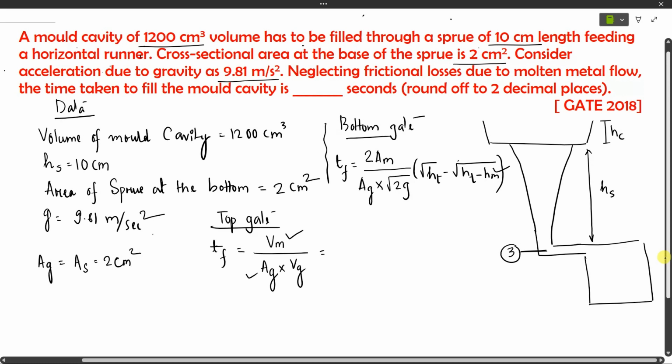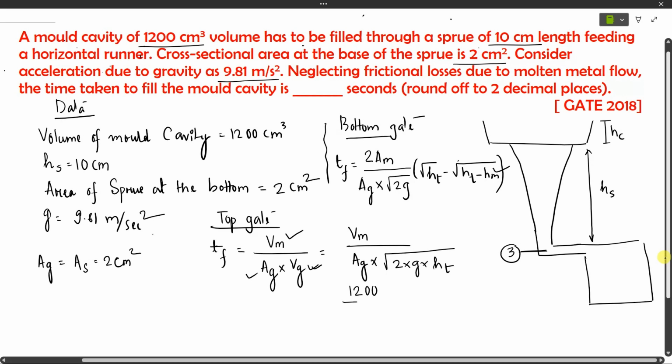We need to find out Vg. So Vm by Ag into Vg, where Vg can be written as root of 2 into G into HT. Now let us put the values here. Volume of the mold cavity is given as 1200 centimeter cube.